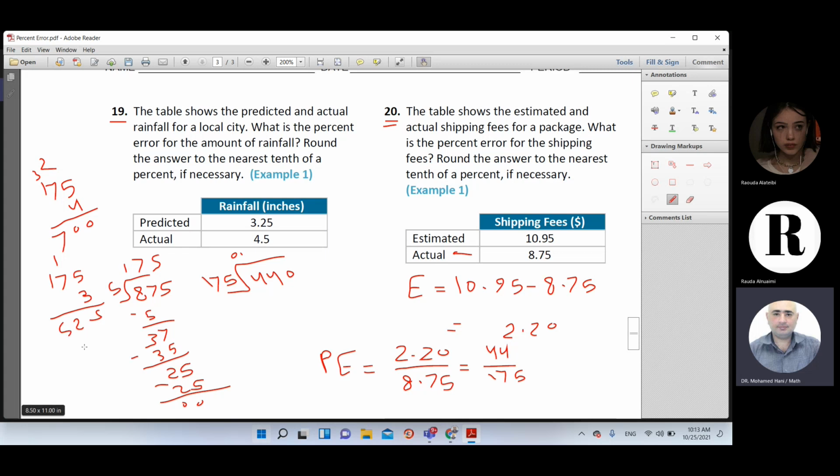So also greater than, so we can take it 2. 2 times 5, 10. 2 times 7, 14, plus 1, 15. 2 times 1, 2 plus 1 is 3. So the nearest number will be 2.